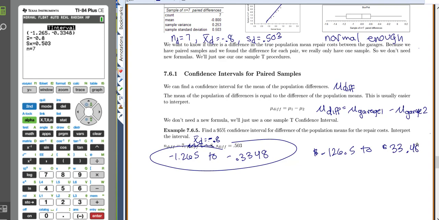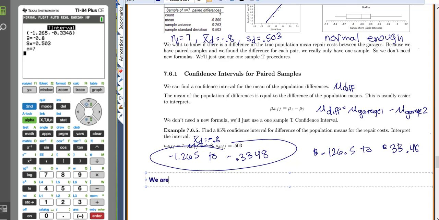Just because, again, it was given to us in hundreds of dollars, we can change it back to hundreds of dollars. Okay, so what does this mean? Well, it means we're 95% confident that the mean of our differences is in there.